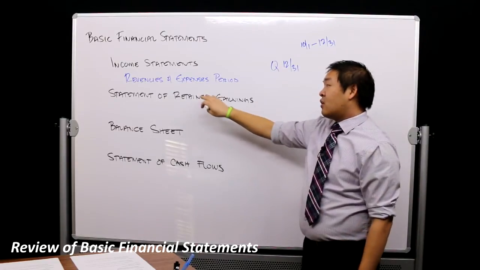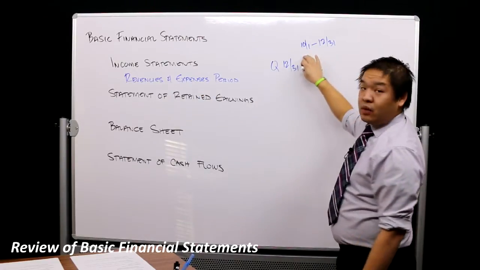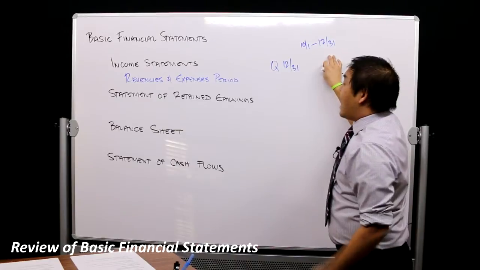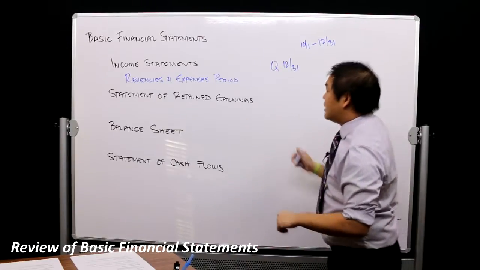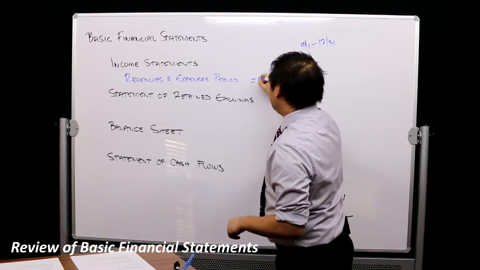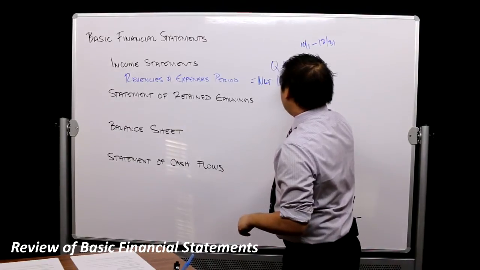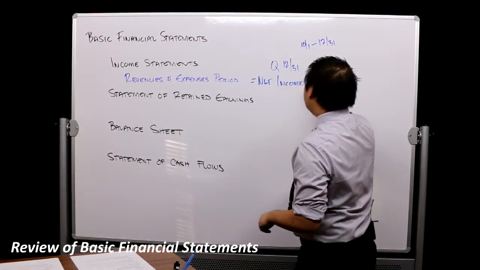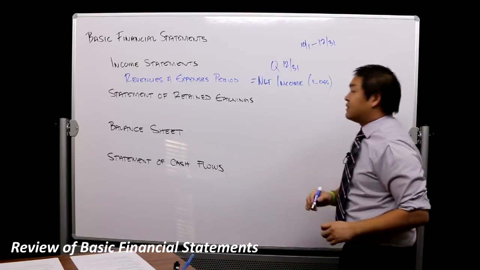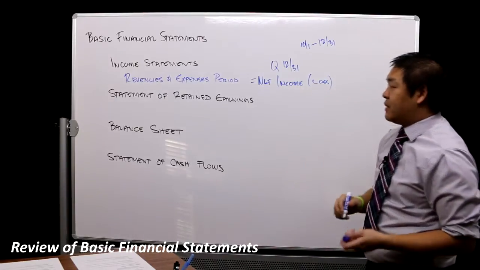And then we try to figure out what our expenses are for 10/1 to 12/31. And we summarize that on the income statement to get typically net income and hopefully not a loss. Okay, so that's the summarization on the income statement.